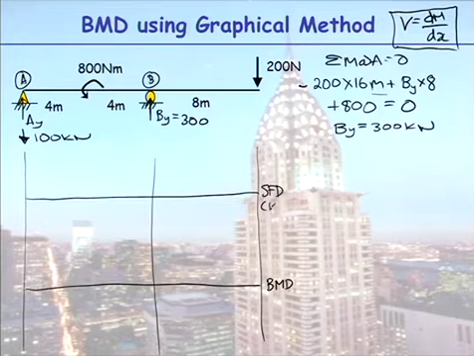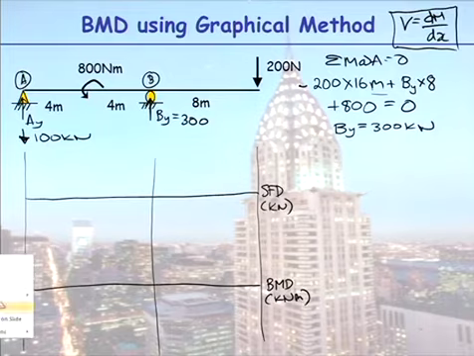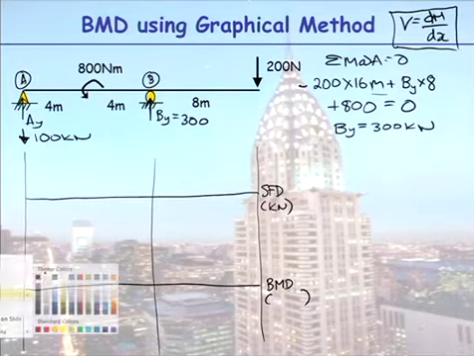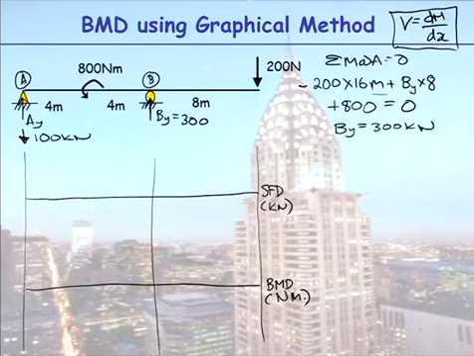You want to get full marks, make sure you put your units. And make sure you put the correct units. Because if you look at this system here, the forces are all in newtons.